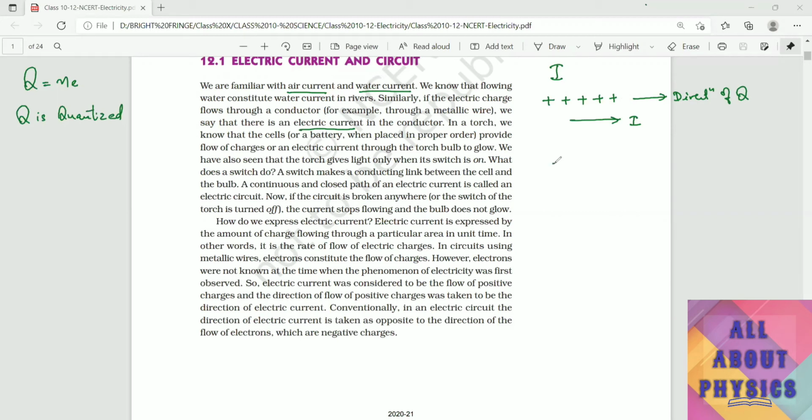On the other hand, in case of negative charge, if the negative charge is moving in this direction, then current flows in the direction opposite to the direction of negative charge. So see, current is the rate of flow of electric charges. Current is the rate of flow of electric charges.